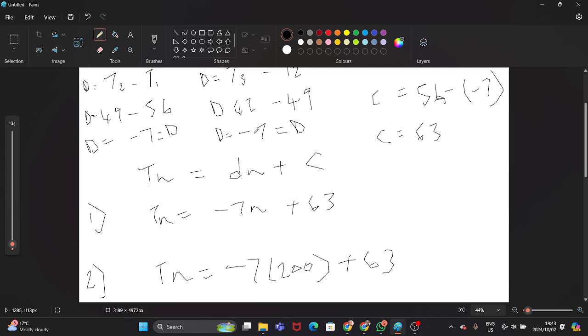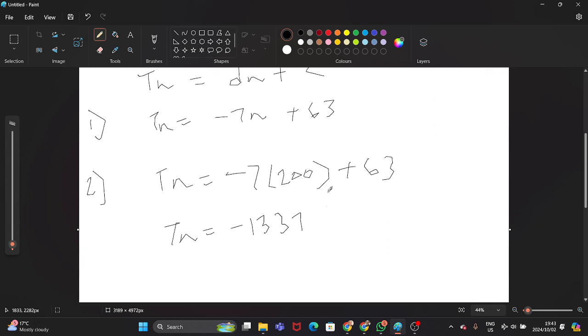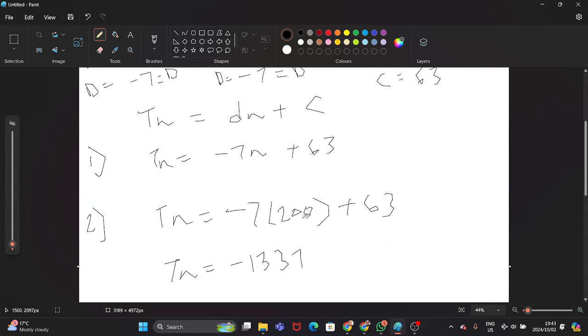We already defined the D, and the C term is term 1 minus our constant difference. We found our C term, and then next, if we want to find the 200th term, we just substitute 200 in the place of n, and we can find our 200th term.